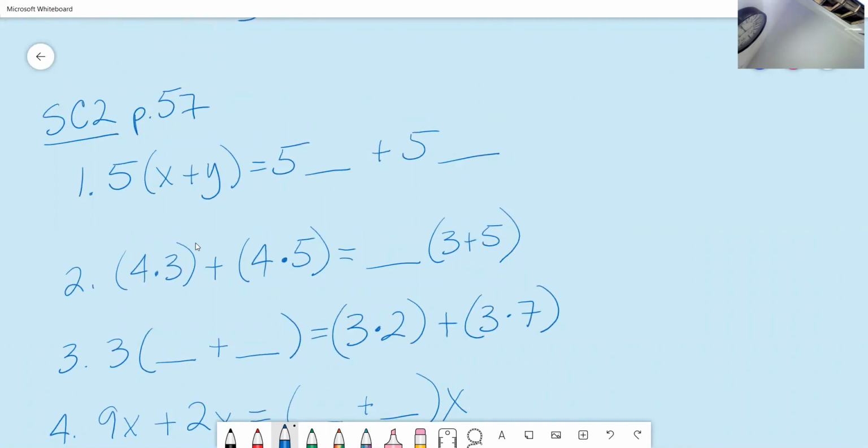All right, so to check these answers, we know that 5 times x plus y equals 5 times x plus 5 times y. And then number 2, we're doing this backwards. We're actually factoring out a number. So you're given 4 times 3 plus 4 times 5 equals 4 times 3 plus 5.